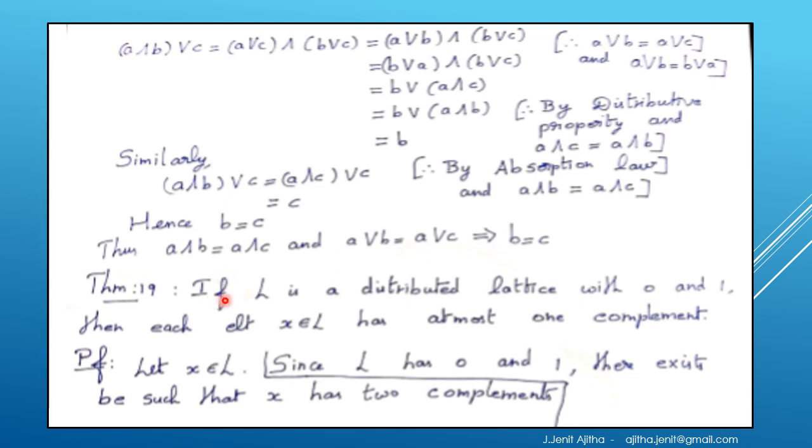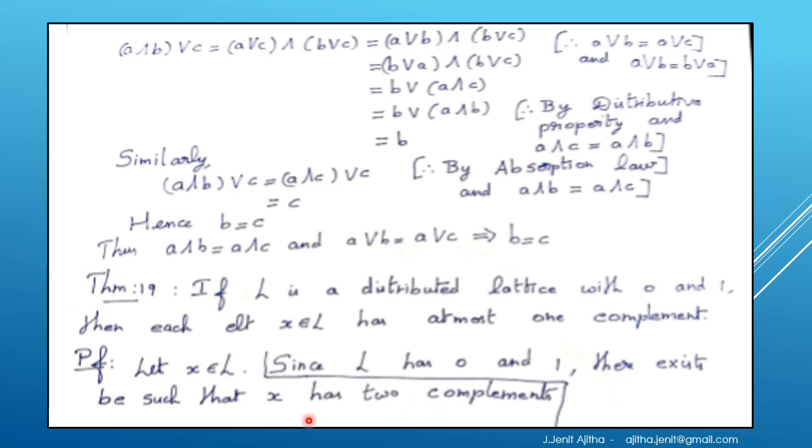Next theorem: if L is a distributive lattice with 0 and 1, where 0 is the smallest element and 1 is the greatest element, then each element x belonging to L has at most one complement. Since L has 0 and 1, suppose you take an element x which has more than one complement, that is, 2 complements.